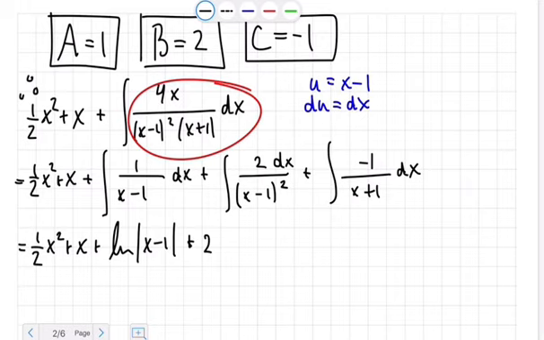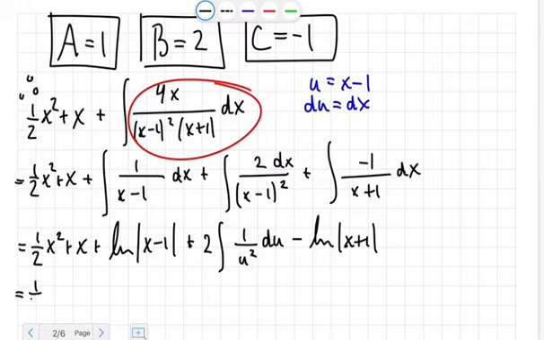And so really there's not very much work to do at all. Let's take the constant outside, and this just becomes 1 over u squared du. We'll integrate that in a moment. The last one, we have minus 1 was the constant, and so it'll be minus ln x plus 1. So now we rewrite it one more time. 1/2 x squared plus x plus ln x minus 1. And we can integrate this term.